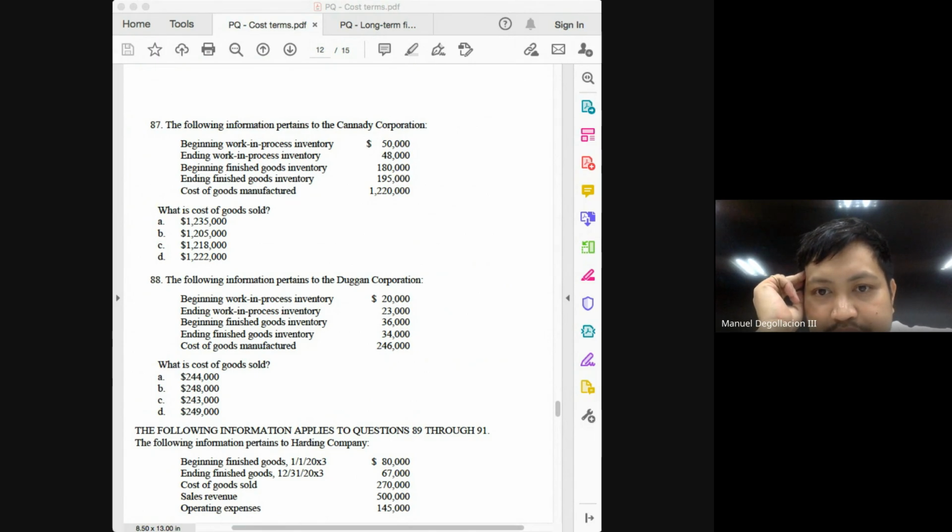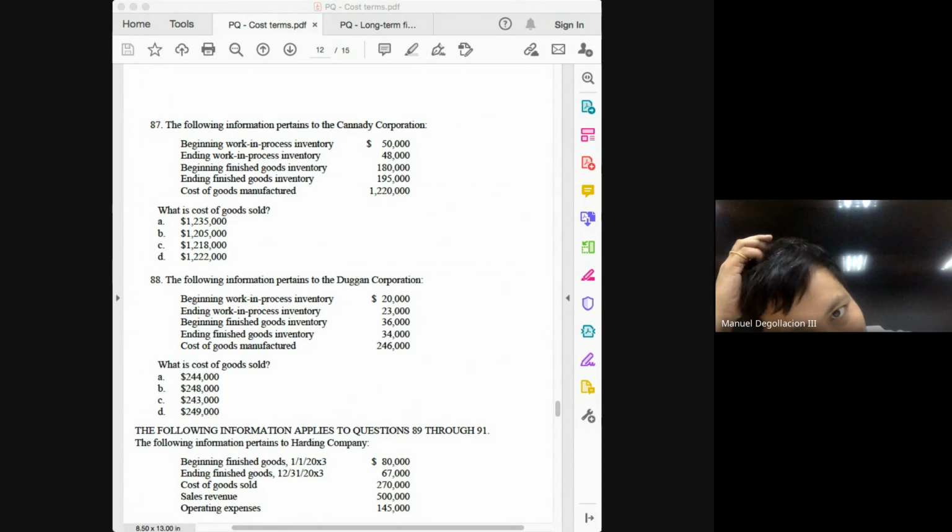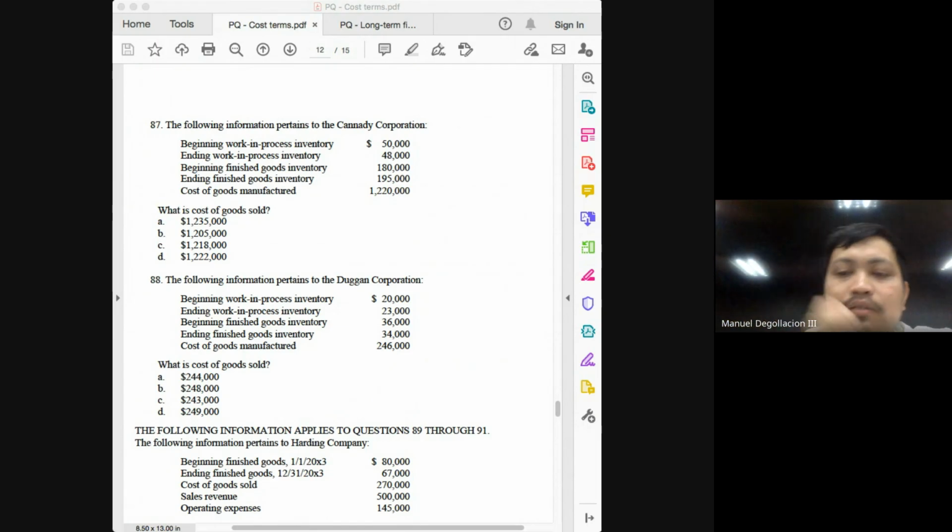So cost of goods manufactured, add it with beginning finished goods, minus ending finished goods. So 1,220 plus 180 minus ending finished goods of 195. That will give you 1,205,000.